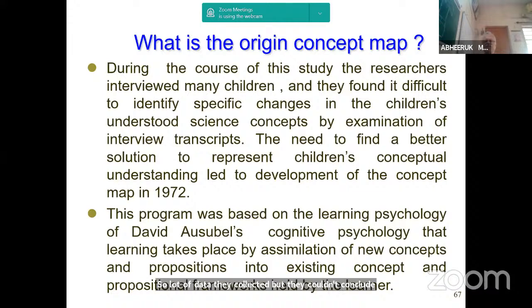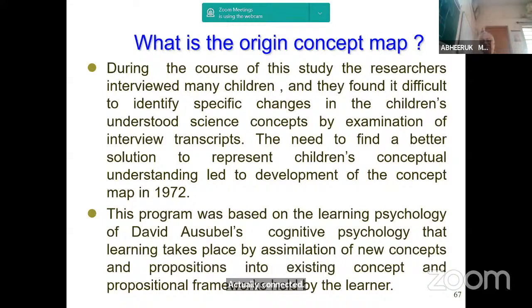Because what is the student's understanding? How to know whether there is any change in the student's understanding? So what happened? He thought of a new concept, this concept map. That in the child's brain, this knowledge is represented. That means in the cognitive structure in the brain, all these concepts are actually connected.